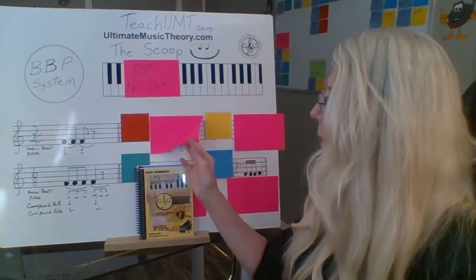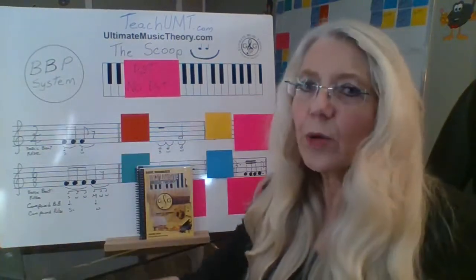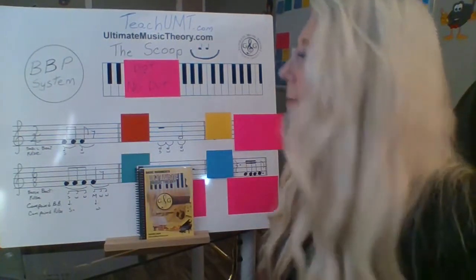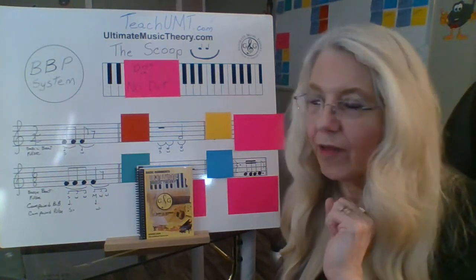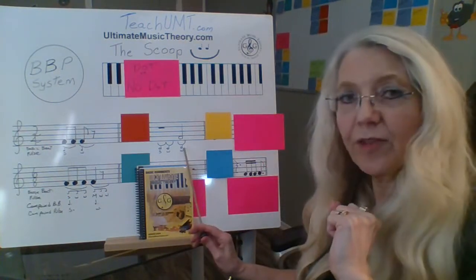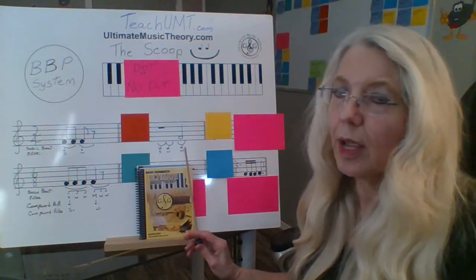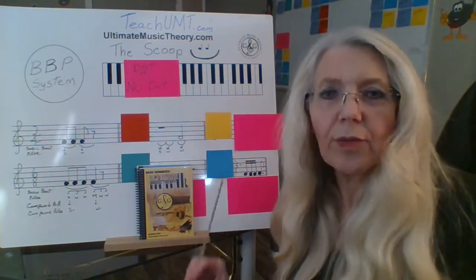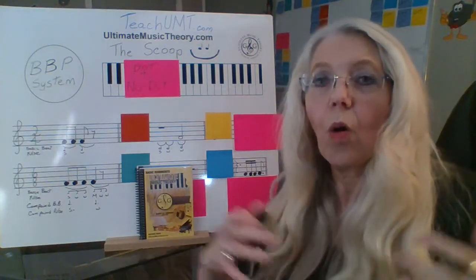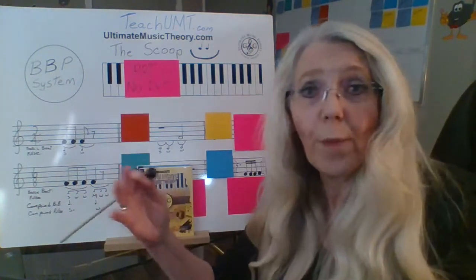Big reveal here. Okay, so now we're going to get a little trickier this time. How many groups do we have? Well, we have 1 half note, so that one's going to stand alone. But we have a whole rest. Now, normally when we think of a whole rest, we think, well, a whole rest fills a whole measure.